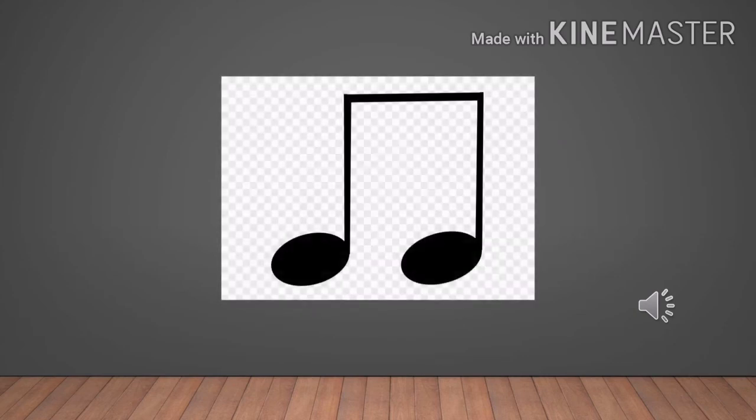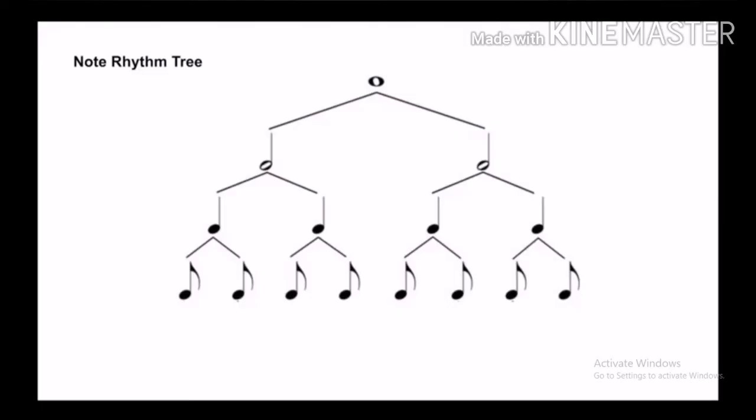Notice that this is still two separate eighth notes because there are two note heads, but they are beamed together for us to read it easier, and this is the sound of two eighth notes. Back to our rhythm tree, you can see that a quarter note can be divided into two eighth notes. There are eight eighth notes in a whole note. The rhythm tree helps us to divide and understand the value of notes.